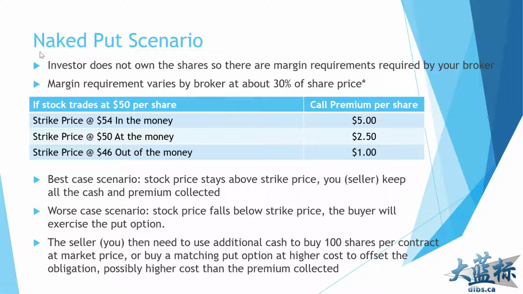Alternately, if you're monitoring your positions, and hopefully you are, you could close out your obligation before expiration and buy back the put option at a bit of a higher price and take a loss, but much less cash flow than being forced to buy the shares.